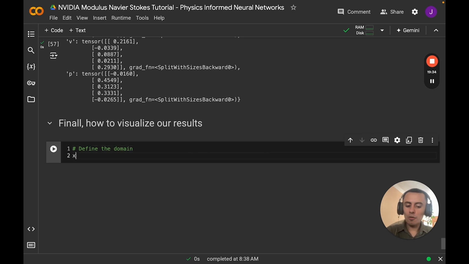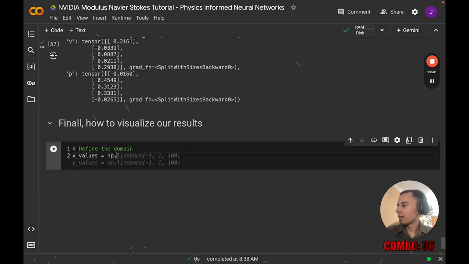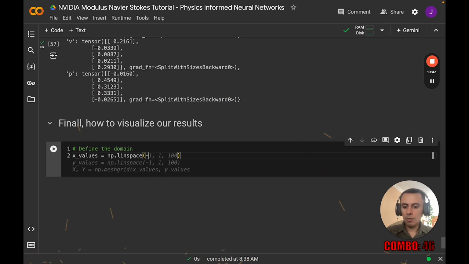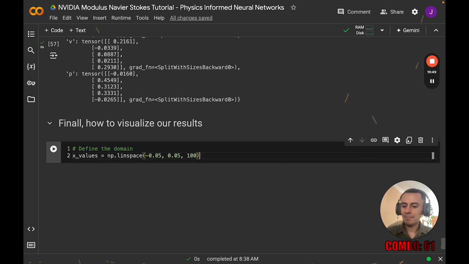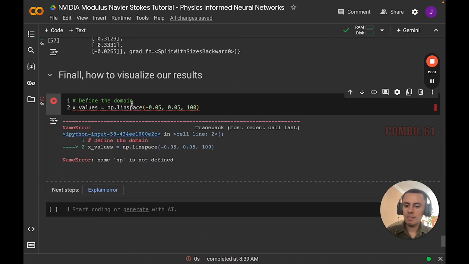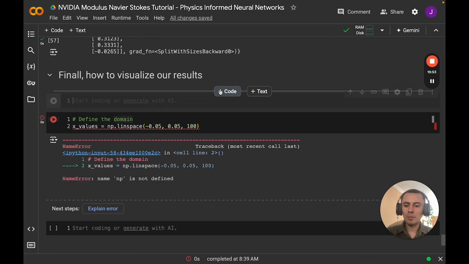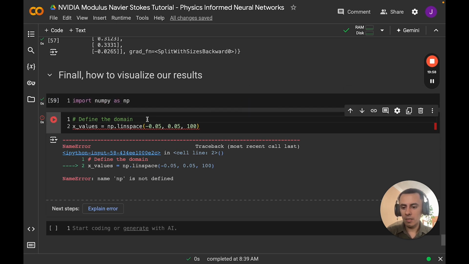So we define the domain, but now we're talking about the domain of values, right? Linspace. It goes from minus 0.05 to 0.05, 100. I forgot to import numpy. Sorry, it's an import, I forgot.